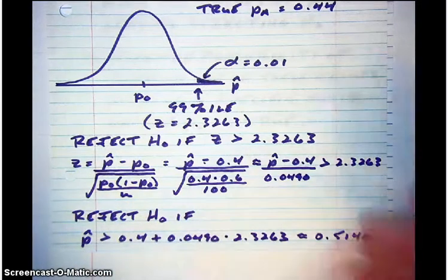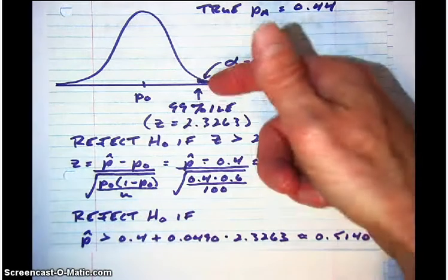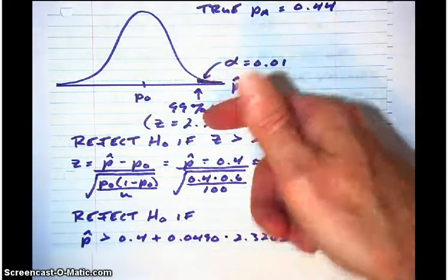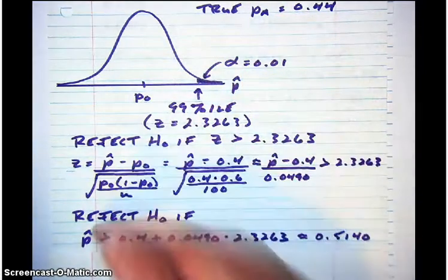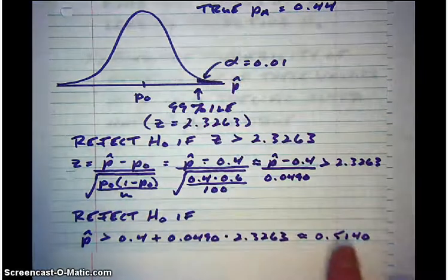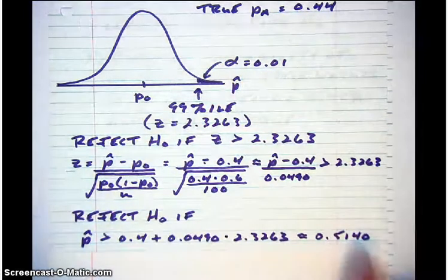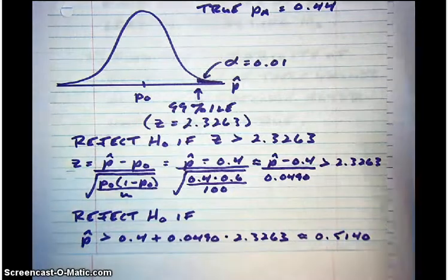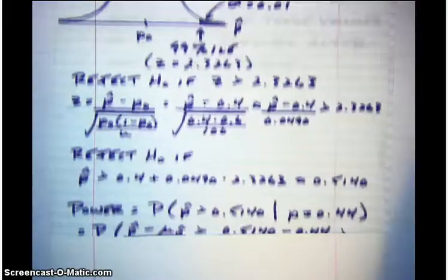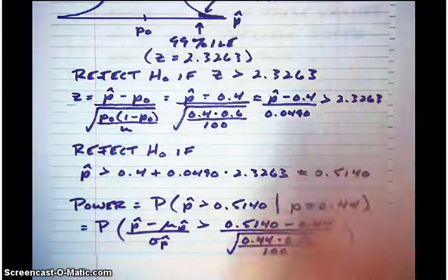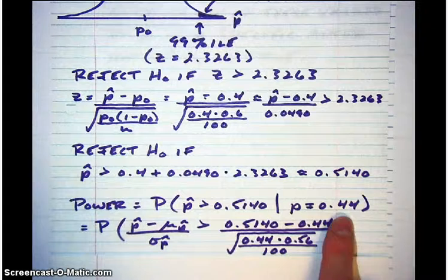So this is basically a two-step process. We worked backwards to get from the 99th percentile to the z, and then we worked backwards from the z to the p-hat. So anytime we get a p-hat that's bigger than 0.5140, we'll reject the null hypothesis. Now the probability of getting a p-hat like that is the power of the test. We're going to assume now that the truth is 0.44 for the true p.